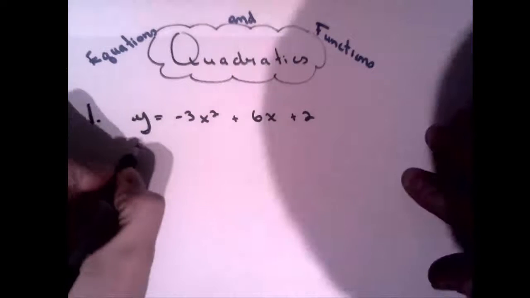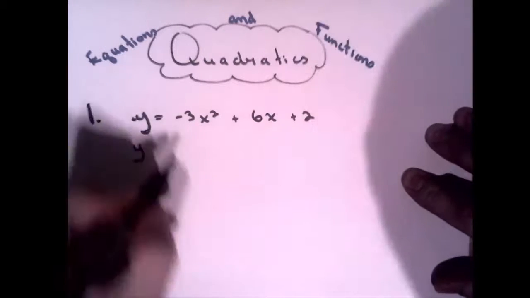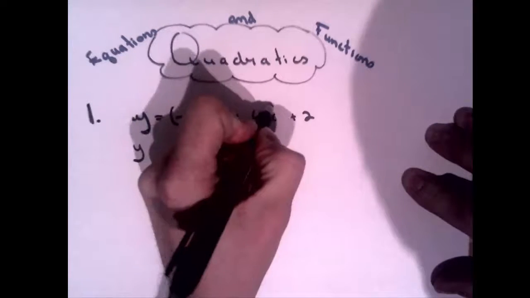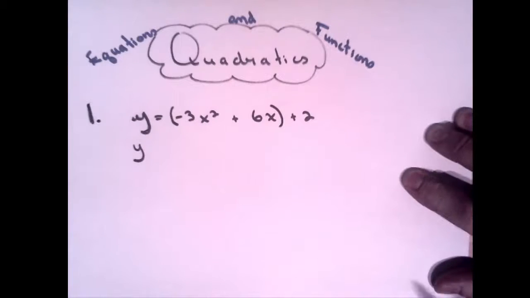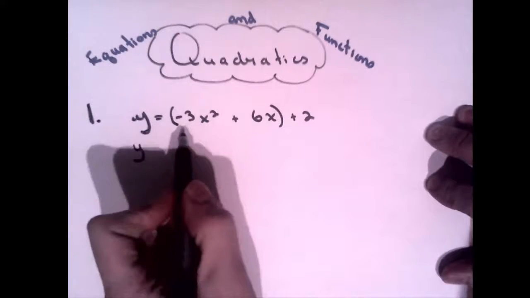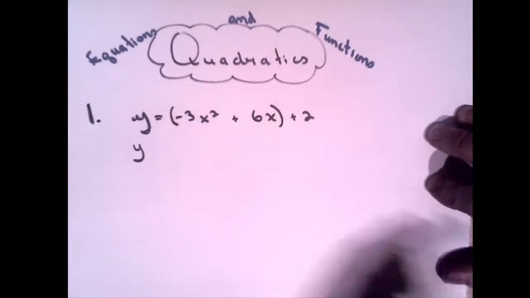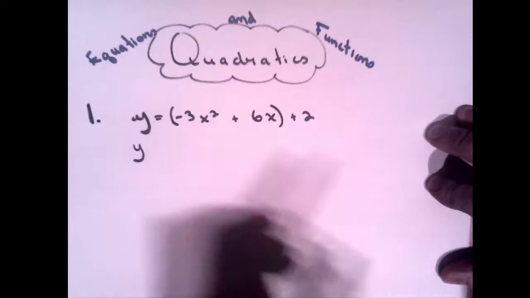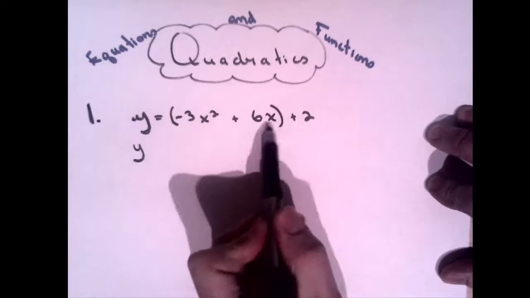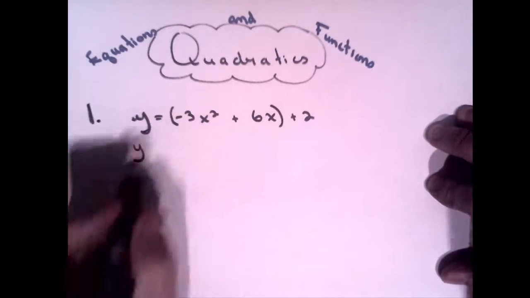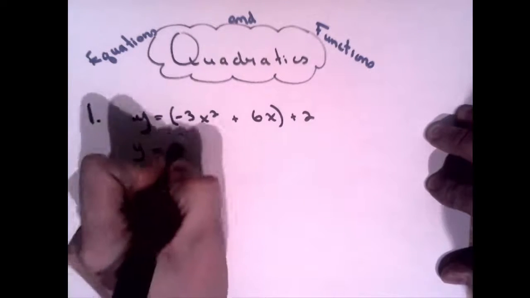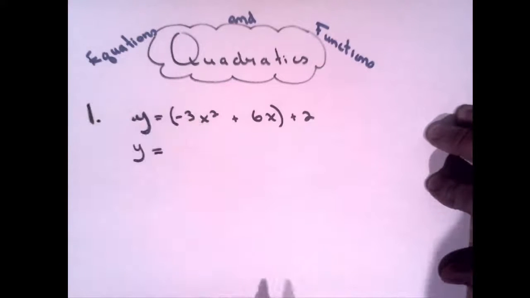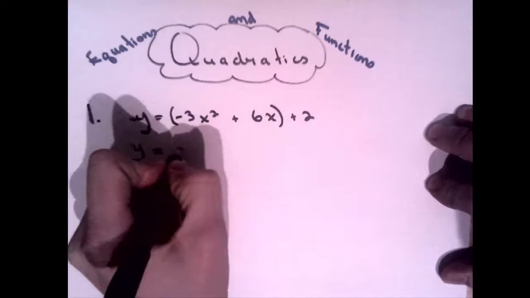Okay, to do that, you're only concerned with the first 2 terms. And what you do with those first 2 terms is you common factor the coefficient in front of x squared out. And I say first 2 terms, I mean the x squared term and the x term. So put brackets around that, and I only common factor exactly what's in front of the x squared out. This is completing the square, and that's step 1.